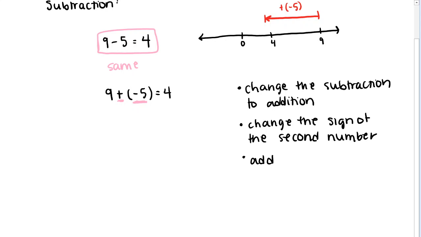And this might feel a little bit confusing, but we just went through a bunch of different examples of how to add two quantities together, and so we know how to add. We really do, even when numbers are positive and negative.